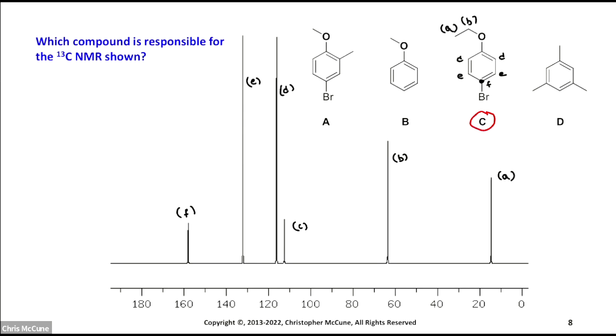So it makes the position at D a little bit more electron delta minus because of resonance. So I think that that is properly assigned. But the point is 6 peaks because I have 6 unique carbons in the NMR.